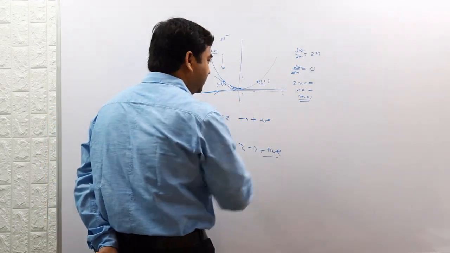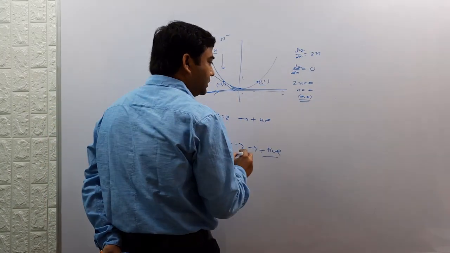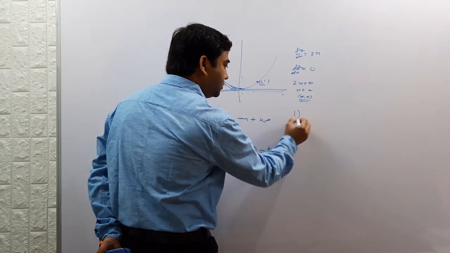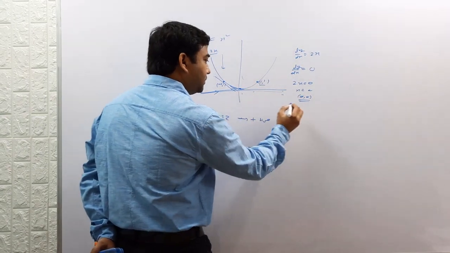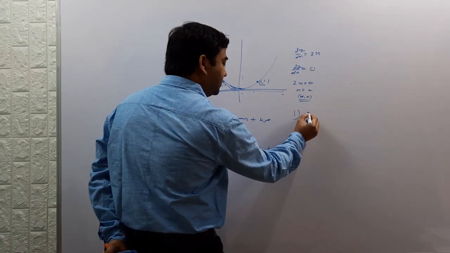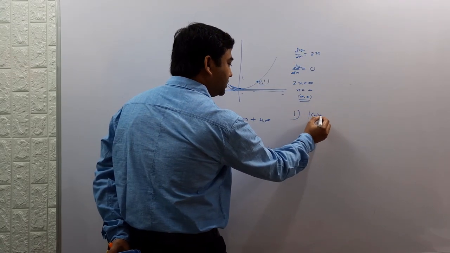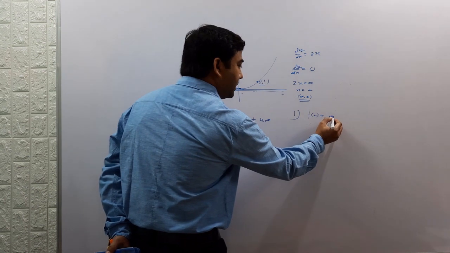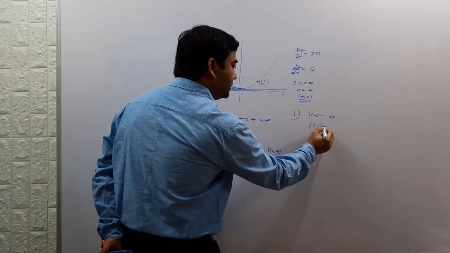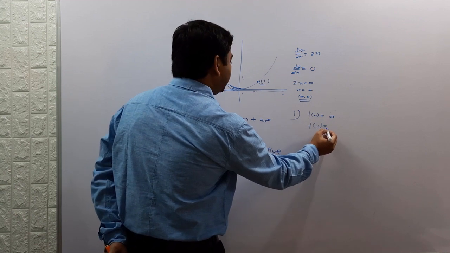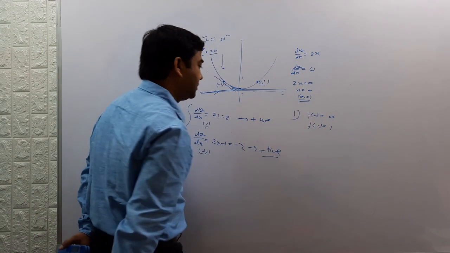So what is the method of finding? First method is the crude method. Put the value of x as 0, f(0) is equal to 0. Slightly left, f(-1) is equal to 1.